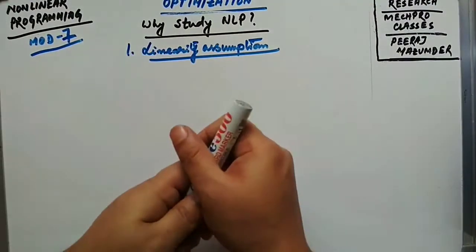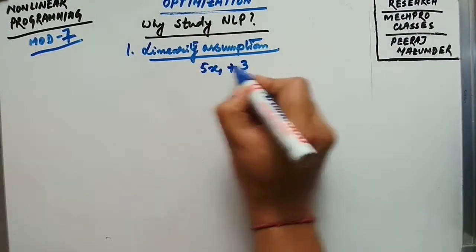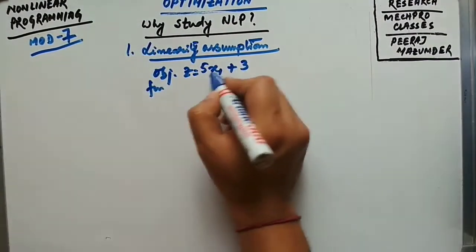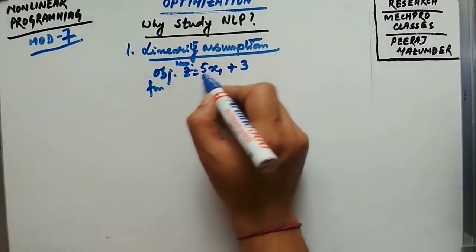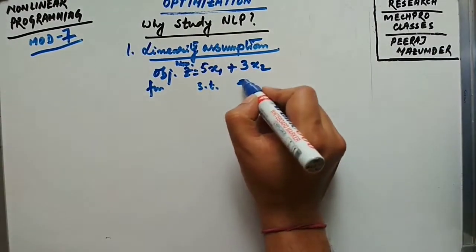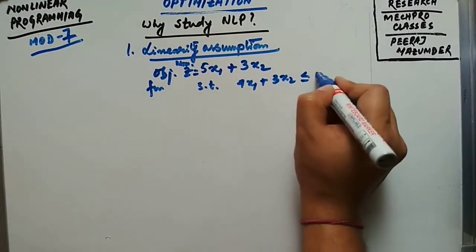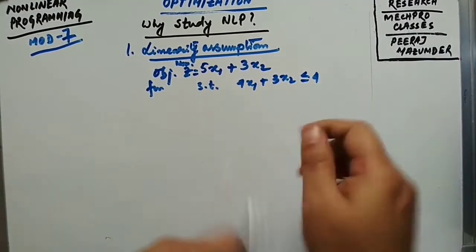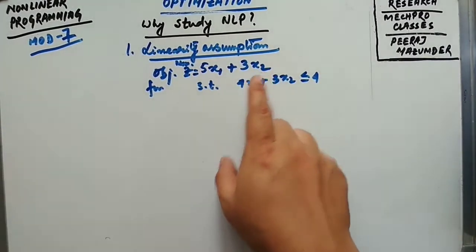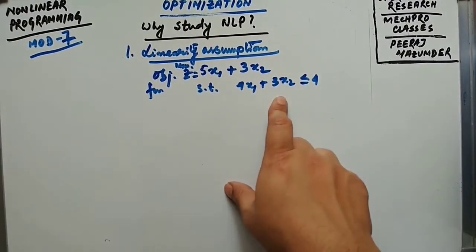Look, in LP, we assume all are linear. This is the objective function, say Z equal to maximize or minimize, whatever you can say. Maximize Z equals 5x1 plus 3x2, say, subject to constraints, take any constant, 4x1 plus 3x2 less than or equal to 4, or whatever you can take. So you can see in linear problems, we are assuming that the objective function as well as the constraints are linear.